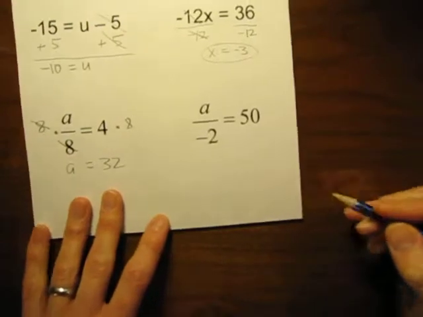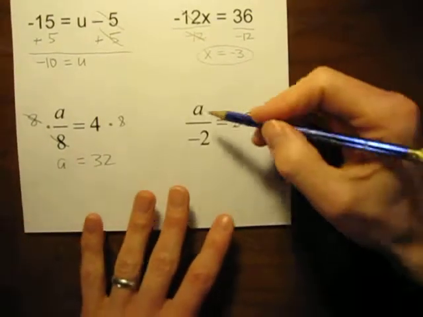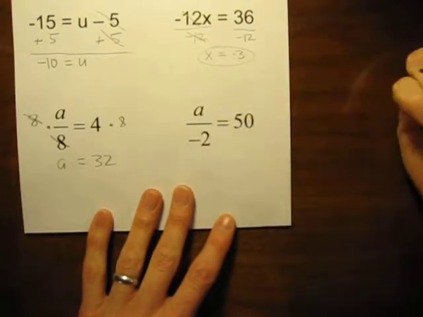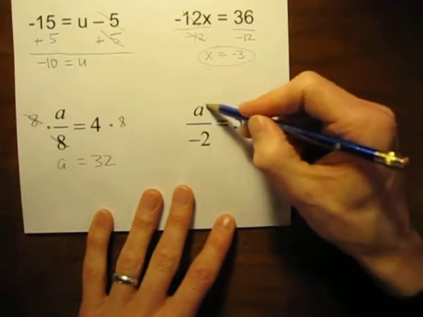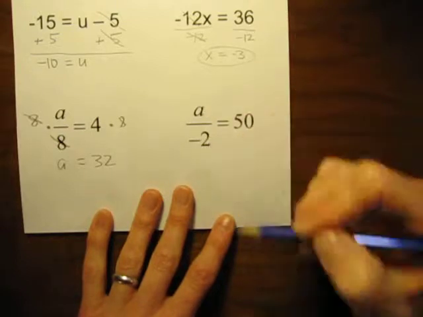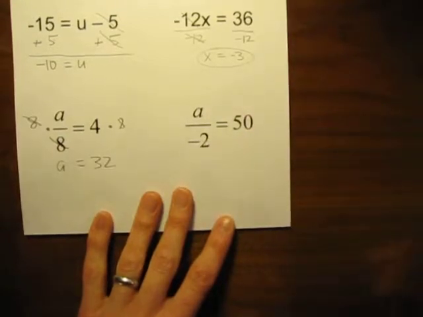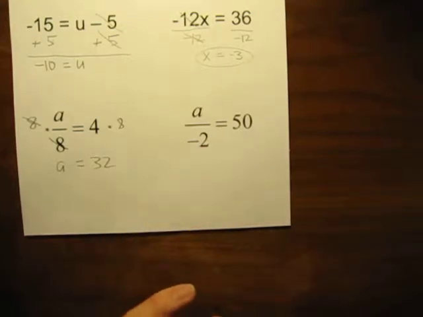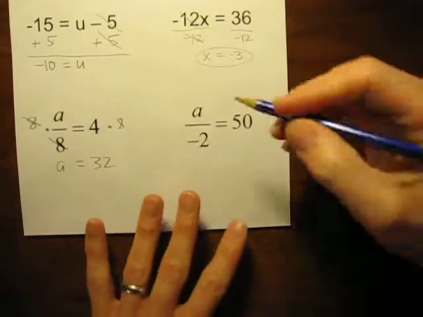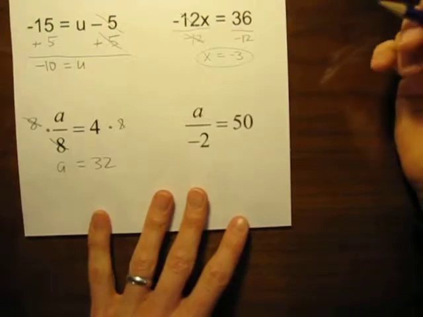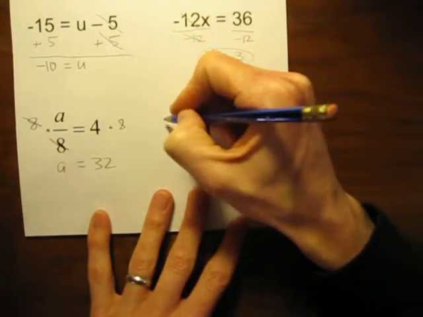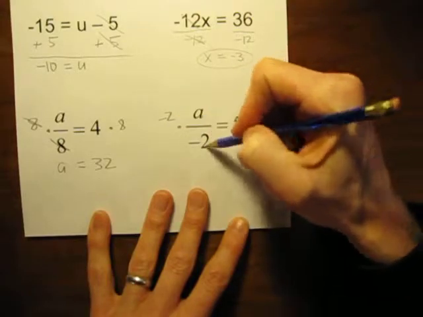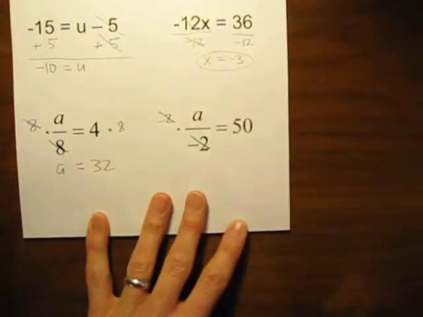So we solve for a. And in this last one, a divided by negative 2 equals 50. We want to get a by itself. We need to get rid of this divided by negative 2. How do you get rid of divided by negative 2? The opposite of divide is multiply. So let's multiply both sides by negative 2. Negative 2 divided by negative 2 is 1.